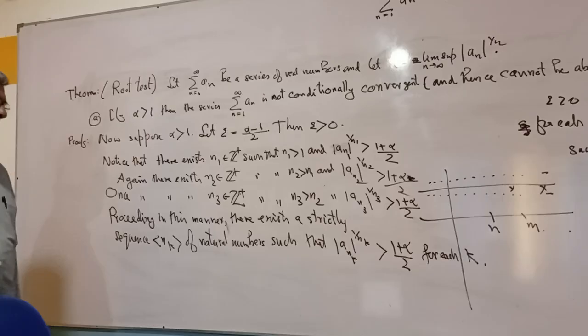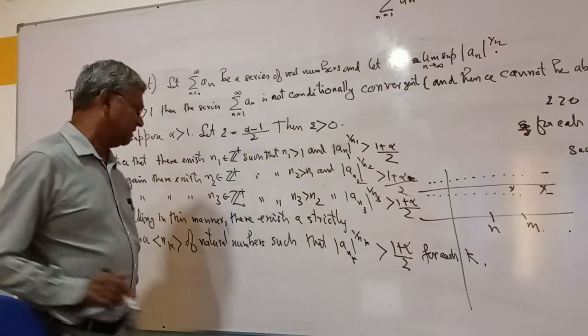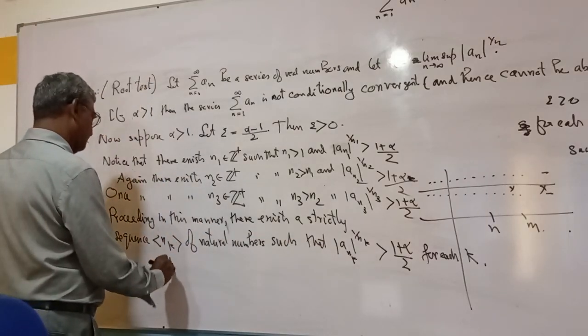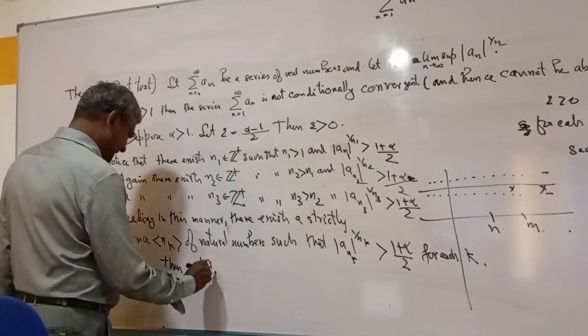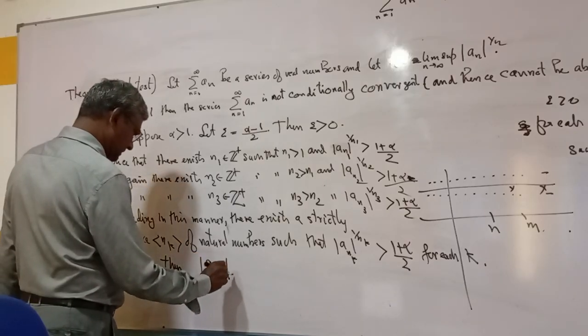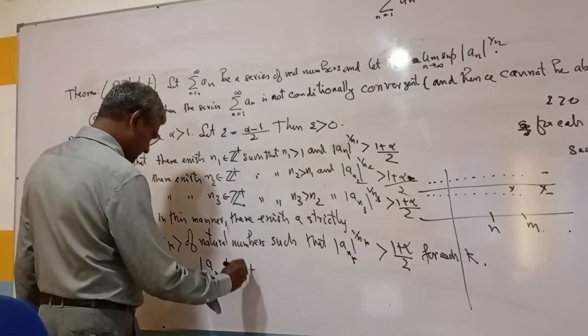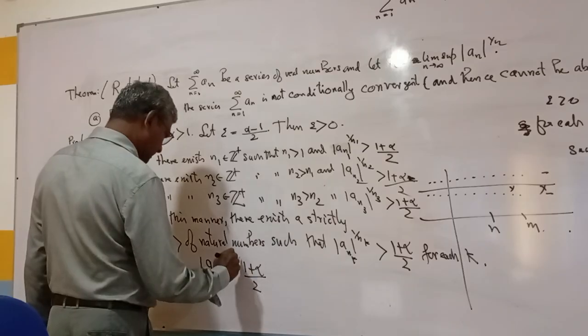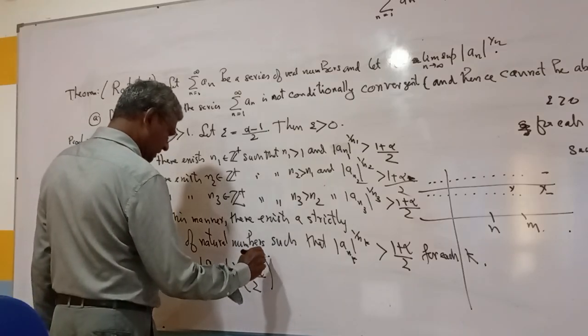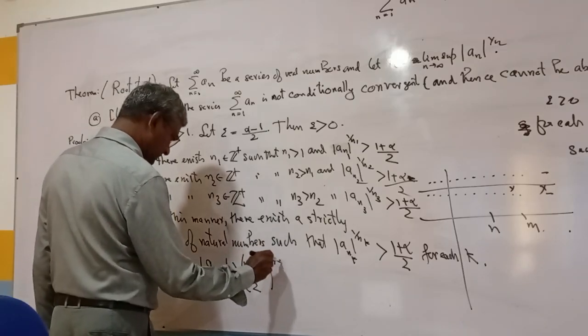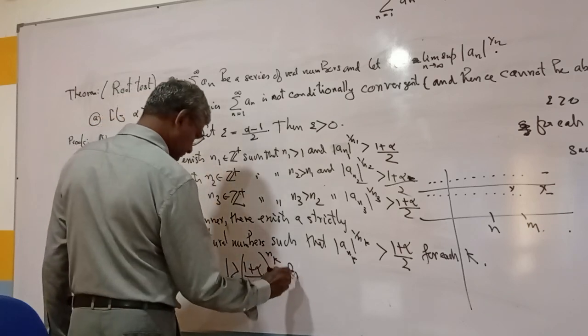Now I am done, right? Because this one says thus mod a_nk is strictly greater than (1 plus alpha) divided by 2 raised to the power n_k for each k.